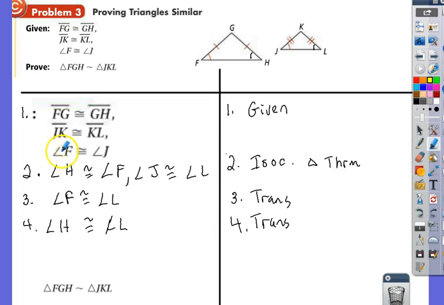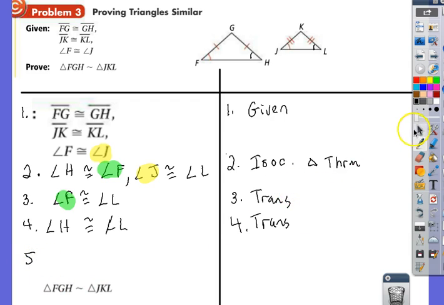So let me highlight that. We had F, and we had J here and J here. So this line connects the F and the L. And then we have F here and F here, and that connects the H and the L. If you just did that in one step and said transitive, that's not as rigorous, but I probably would accept it.